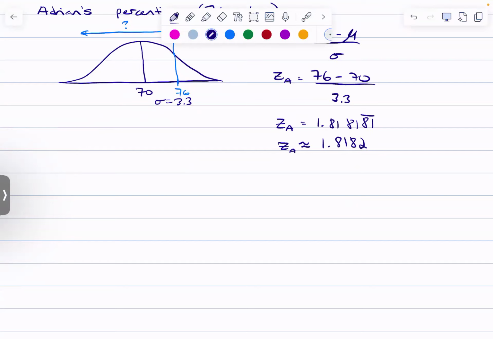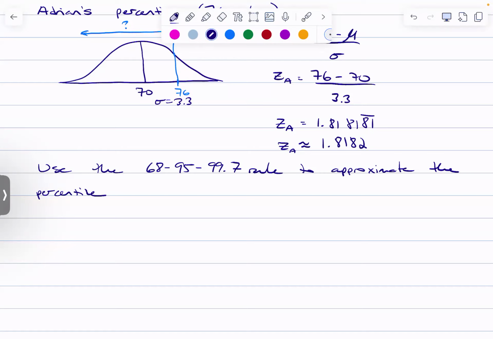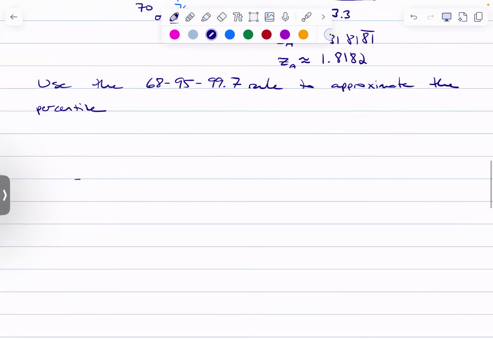So first, use the 68, 95, 99.7 rule to approximate the percentile, remembering that the percentile is the area below, so we need to do a little bit more work in terms of our 68, 95, 99.7 rule. But here I have Z, which is centered on 0 with a standard deviation of 1.